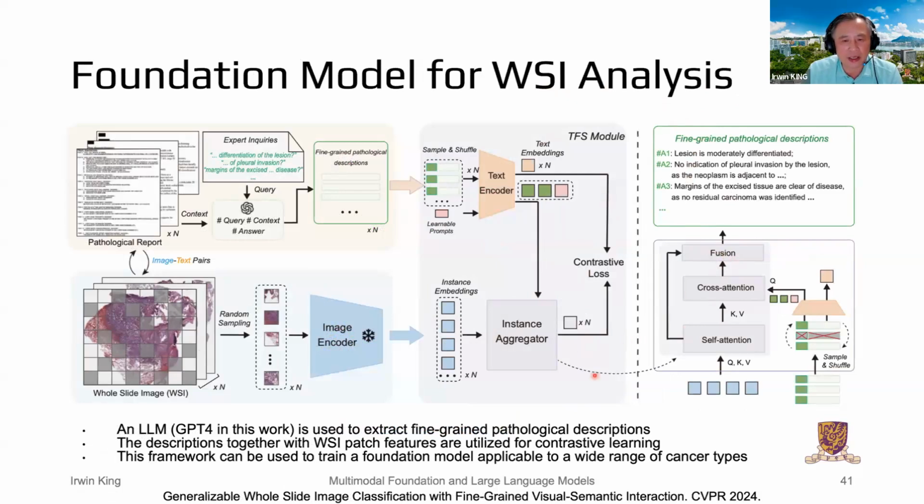In this paper, an LLM is used to extract the pathological description, and this is associated in contrastive learning and learned for prediction of cancer and tumor. Okay.